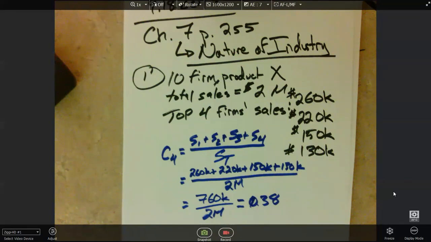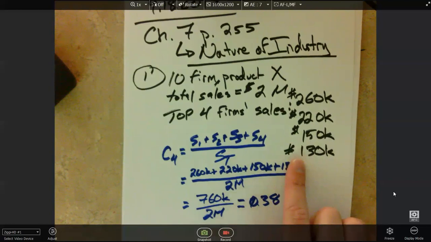And we see in the data that the book shows that they will often say the same things about where industries are, but sometimes they won't. Part of that is because this one only cares about the top 4. There could be a 5th firm that does 120,000, or the 5th firm could do 10,000.